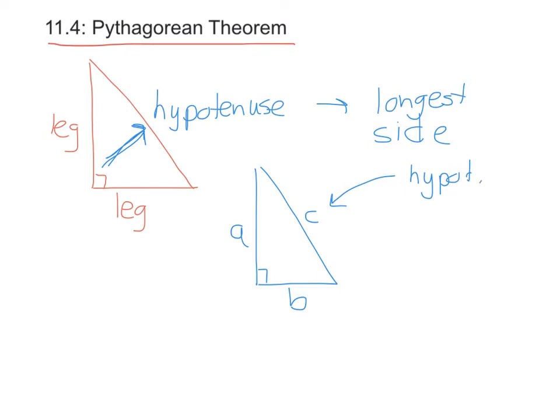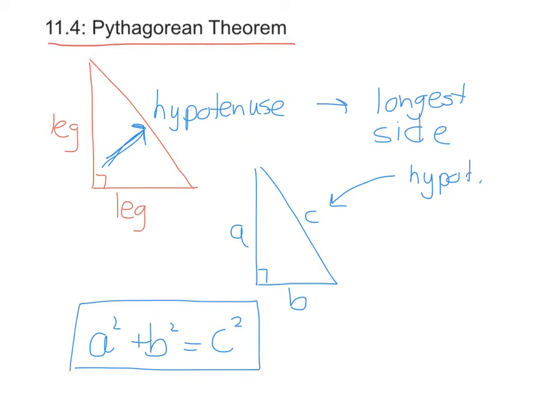And the formula is that a squared plus b squared is going to be equal to c squared. That's the formula that is the Pythagorean theorem, and it's the formula that we're going to use to find missing sides in this right triangle.